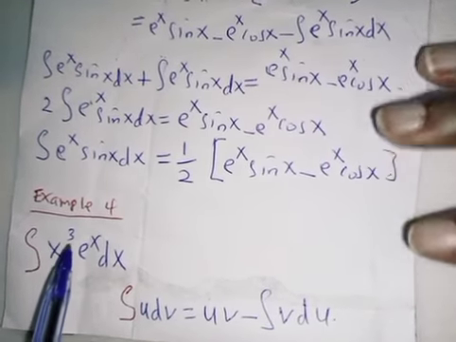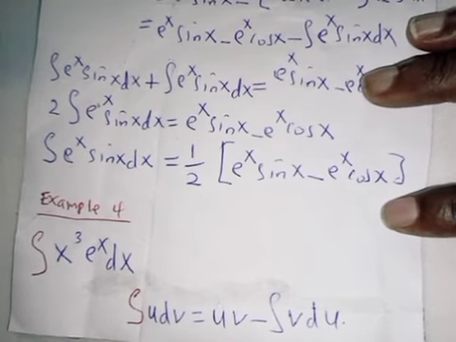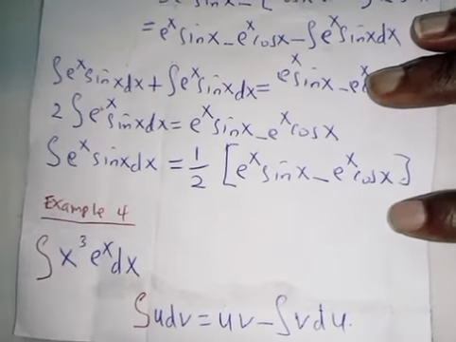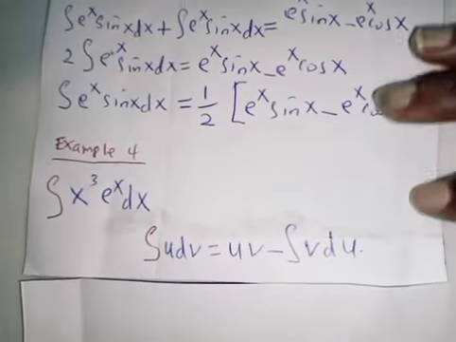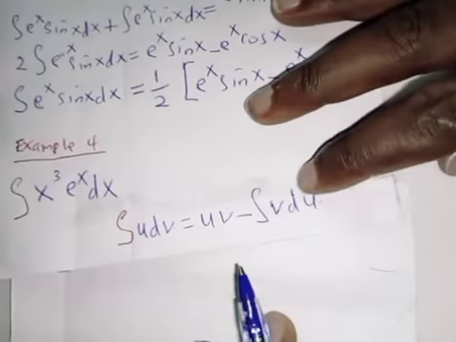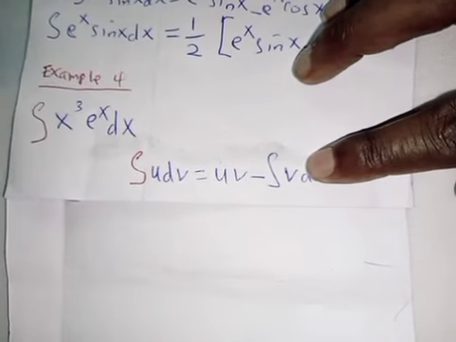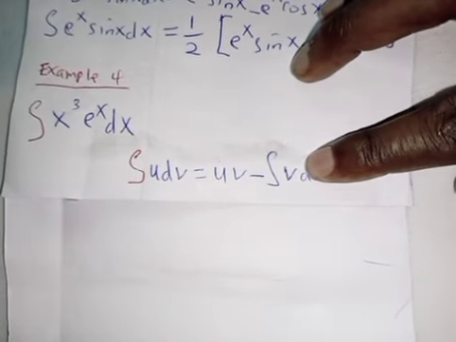When you have x cubed here, it is wise for you to use what is called the tabular form. It is easy when you use tabular form, like what I'm going to show you below.